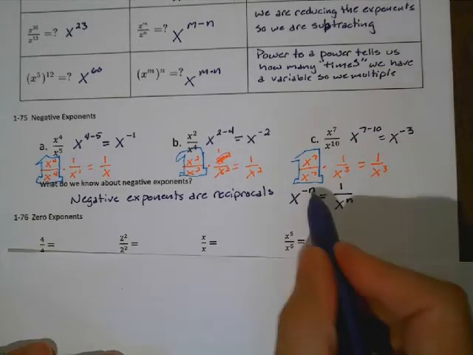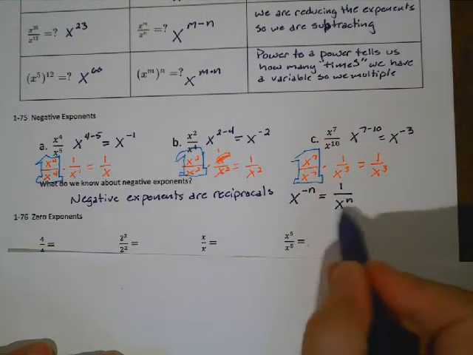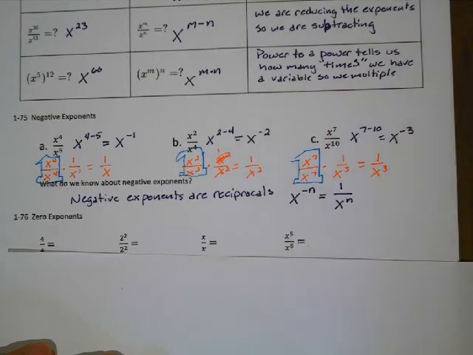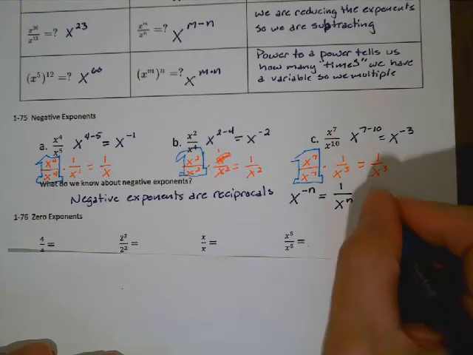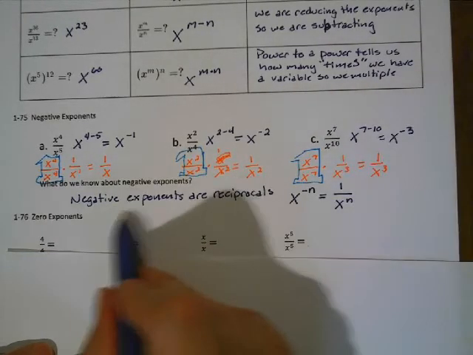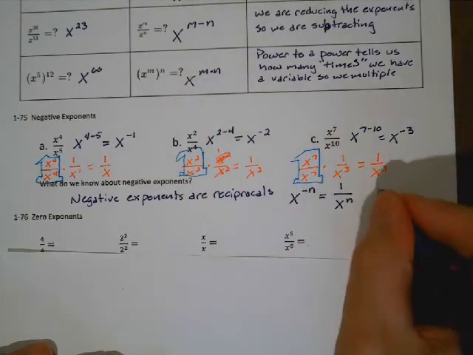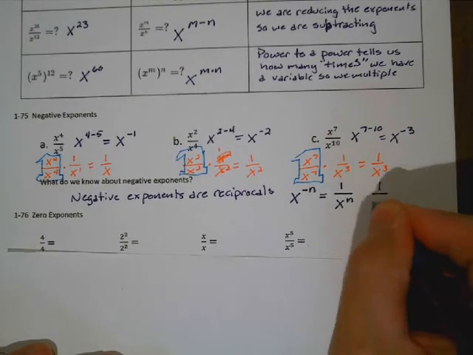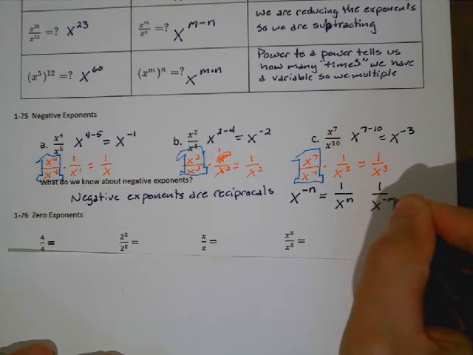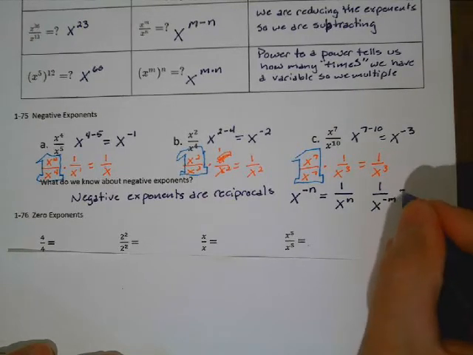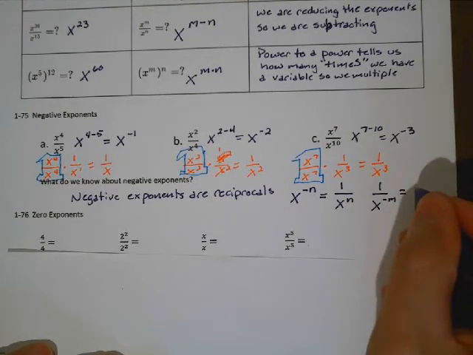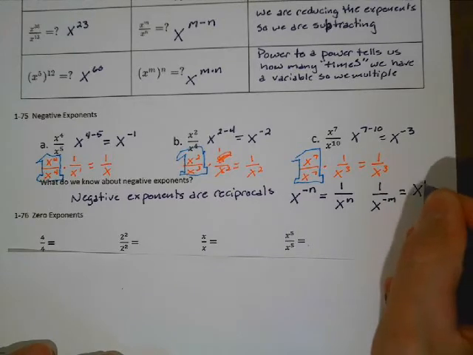Notice that the negative power goes away once you put it in the denominator. Now conversely, I could also say that since negative exponents are reciprocals, if I had 1 over x to the negative m, then if it's a reciprocal, this would just be x to the positive m.